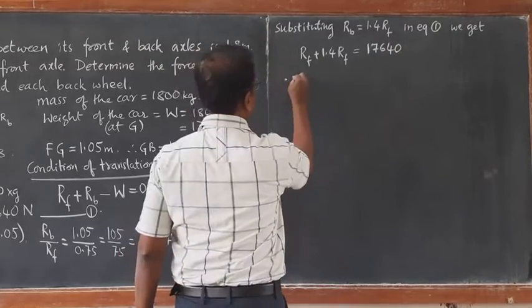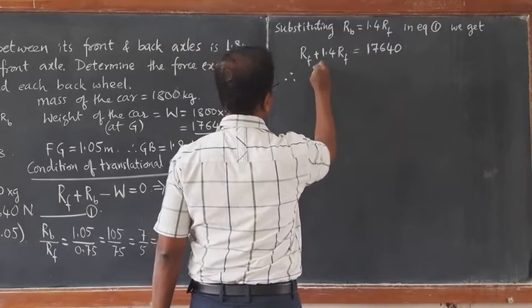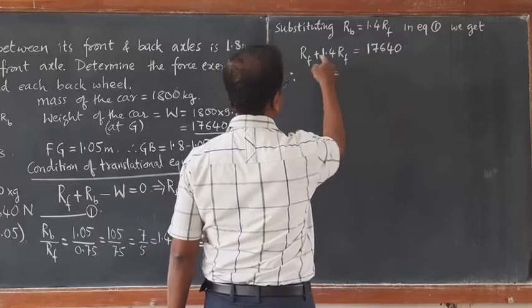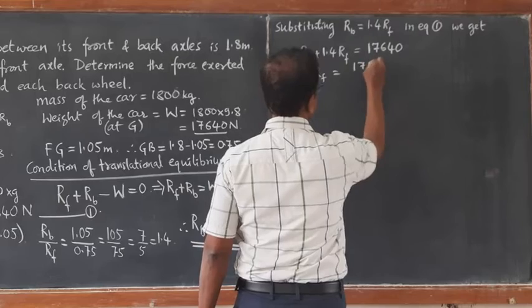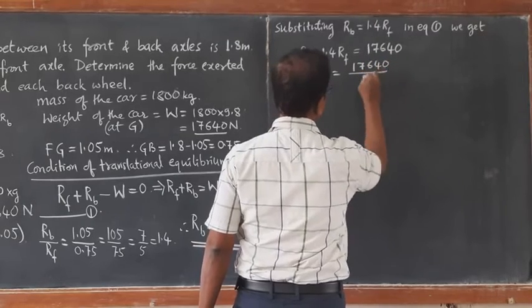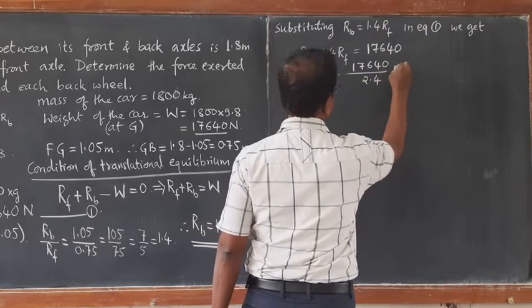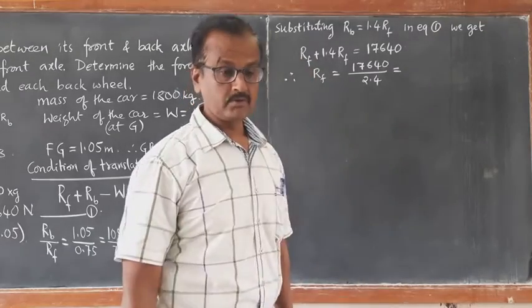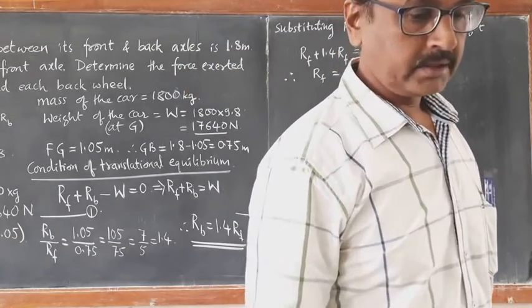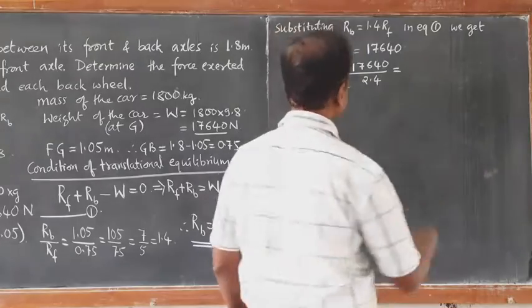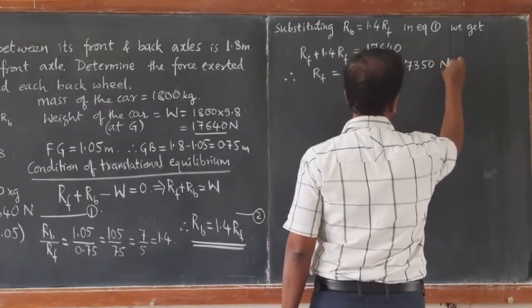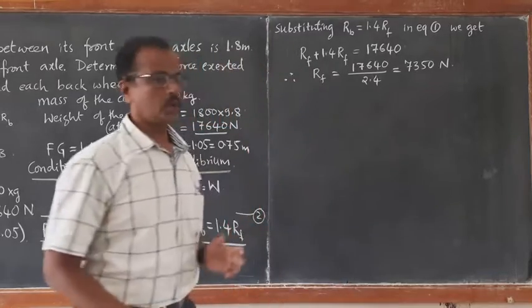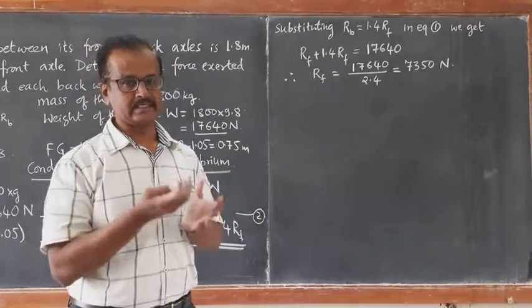Now therefore RF is equal to 17640 divided by 1.4 plus 1, which is 2.4. If you simplify this, it comes out to be 7,350. 7,350 Newton. So this is the total reaction force on the front wheels.